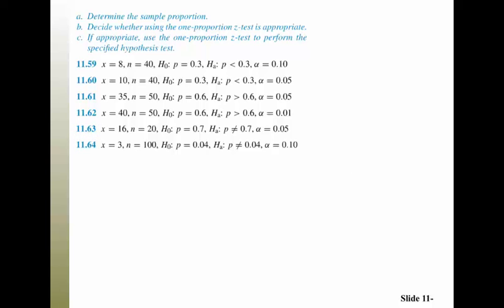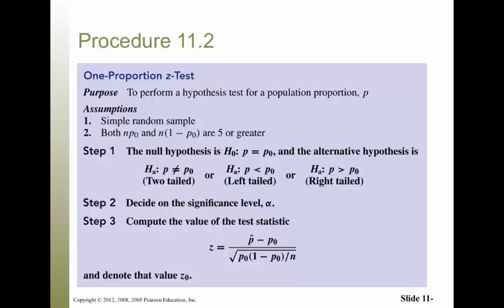Remember, looking back here, the hypothesis test is based on what? It's based on the null. So it's based on what we're choosing for the null hypothesis. Okay, so we're going to look at n times p naught.